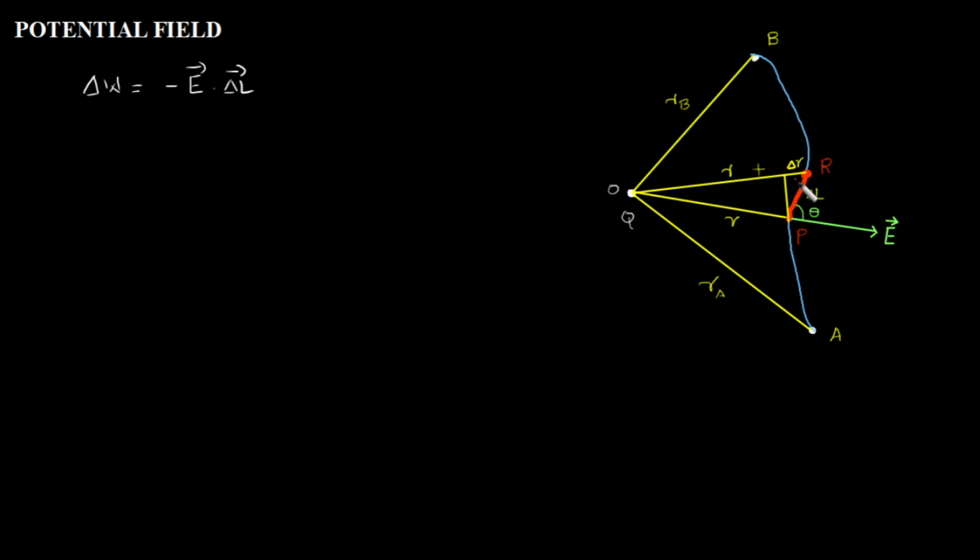As I told you, this is delta L, this is E, the angle between them is theta, so the cosine of the angle between them is cos theta. So I can write this expression as minus E delta L cos theta.